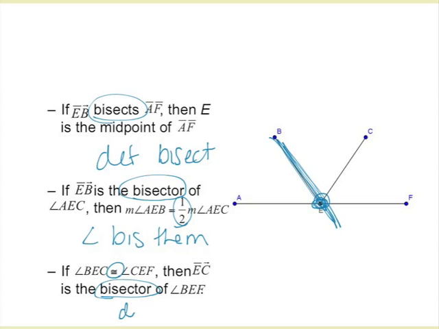A congruence is going to be a definition. So this is our definition of bisect, or specifically our definition of angle bisect. So definitions will have congruence. Theorems are going to have halves.